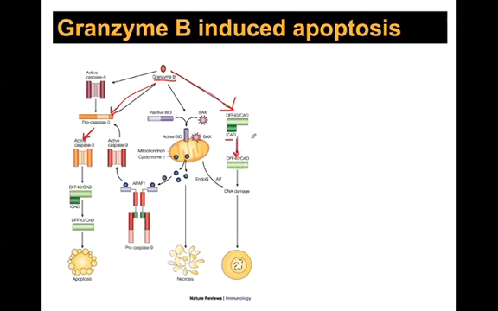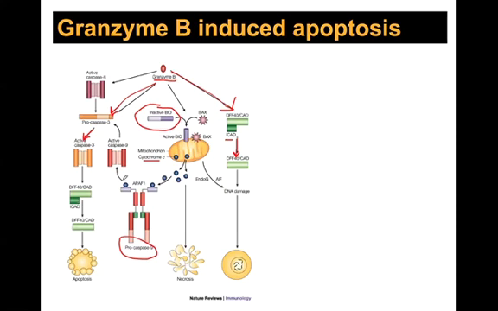But there's some backup plans for this, right? If you take BID and it cleaves it, that then will go to the mitochondria and you get release of cytochrome C. This, when it's released, will activate a second pathway, which is you'll get activation of caspase 9.